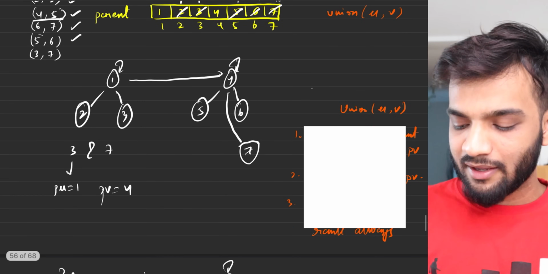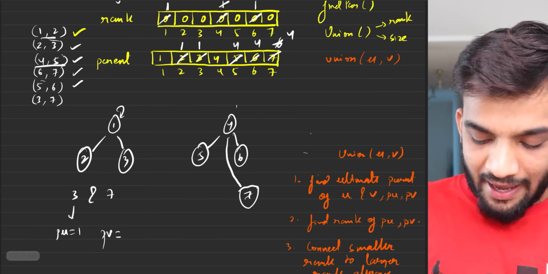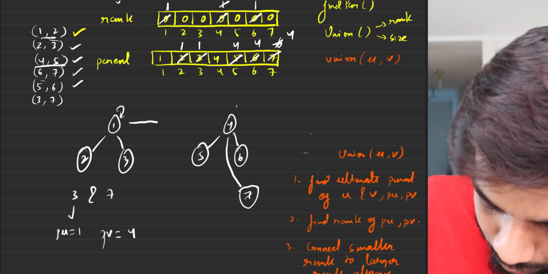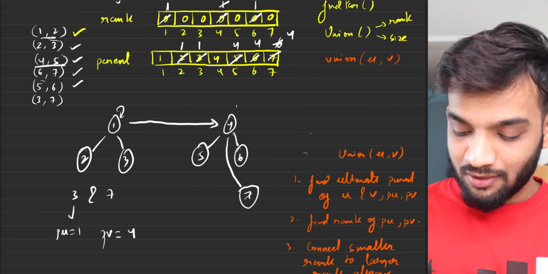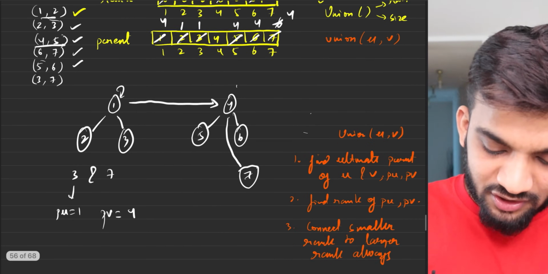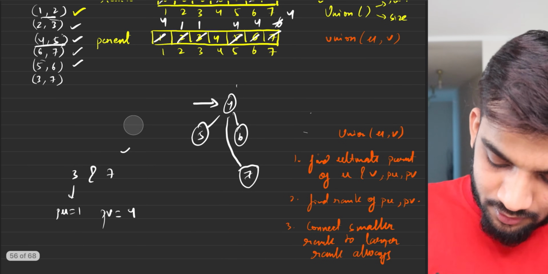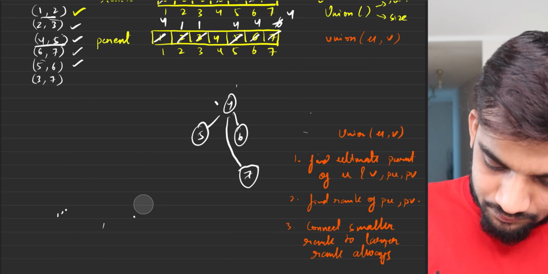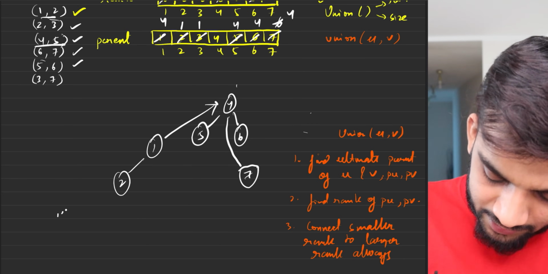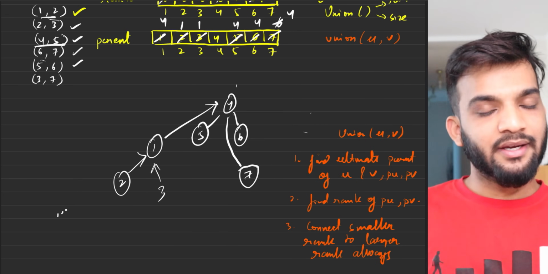So ultimately what we will have is the parent of 7 will be 4 and I'll attach 1 to 4. So what will happen? The parent of 1 will now become 4, correct? So if I just draw it, it's going to look something like this. 1 attached here and 2 and 3 attached to this guy, correct?